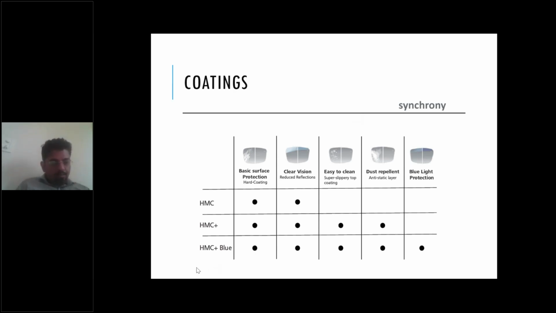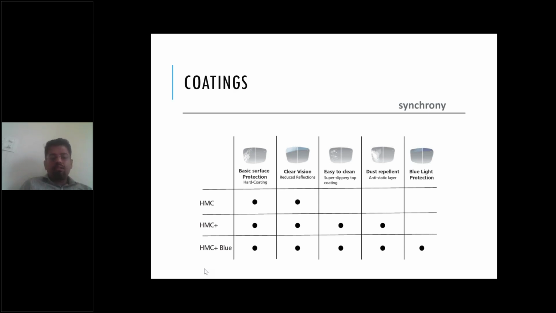Ranjana asks, blue protection blocks harmful blue light and transmits useful blue light, right? Then how to know if it is really blocking harmful blue light and transmitting the useful one? Okay, very nice question, Ranjana. As I already said, the coatings they use for blue light have properties that can detect the amount of wavelength of the light range.